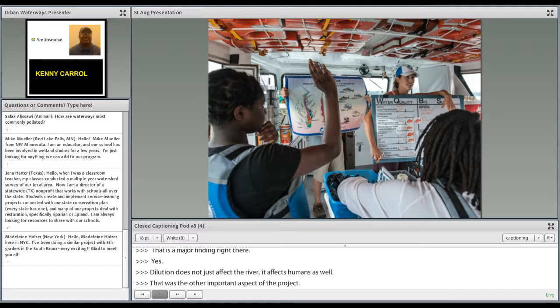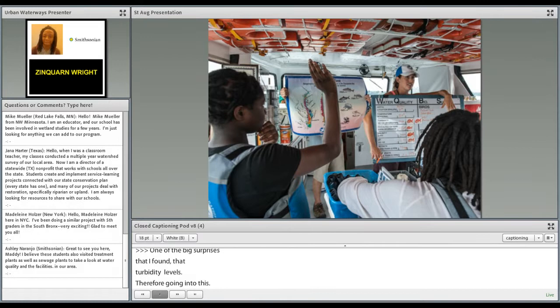What were some of the big surprises that you found as you were doing this work? Well, one of the big surprises that I found was the turbidity levels. Going into this, before we went onto the waters, I suspected that it would be 10 centimeters.